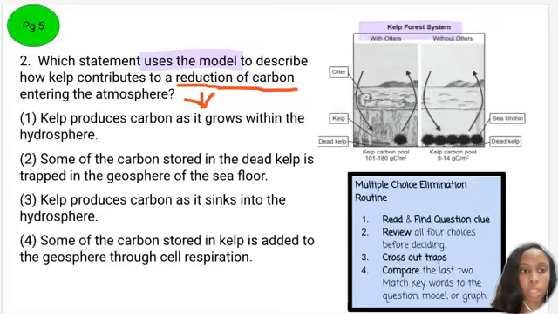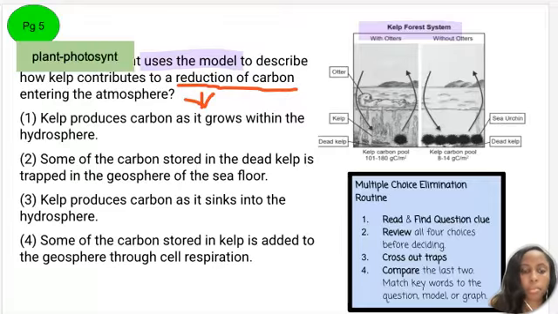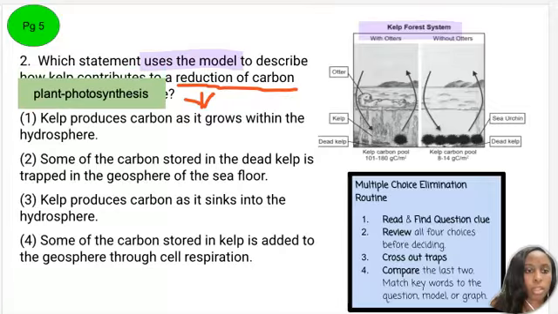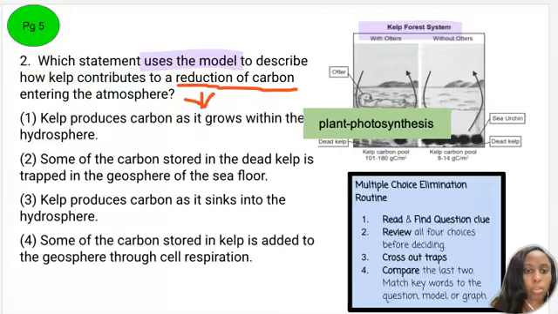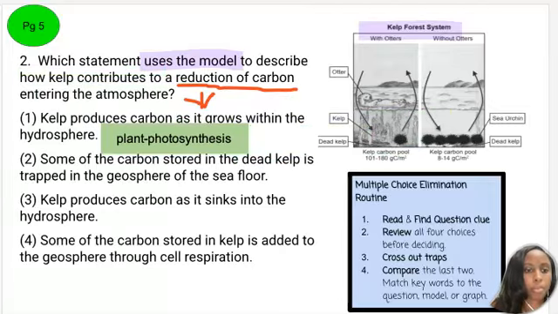Okay, so we know kelp is a plant. So I'm just going to put over here plant. So that means they do photosynthesis. So I'm just going to keep that in mind. I'll drop that over here.